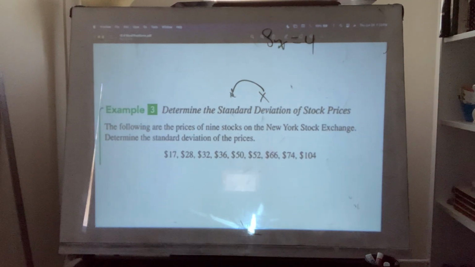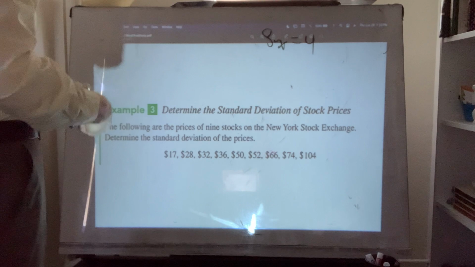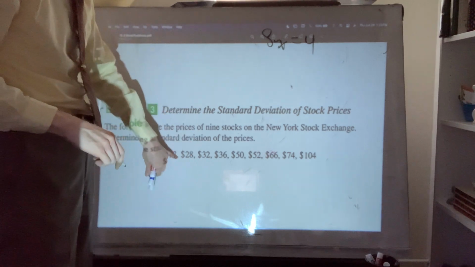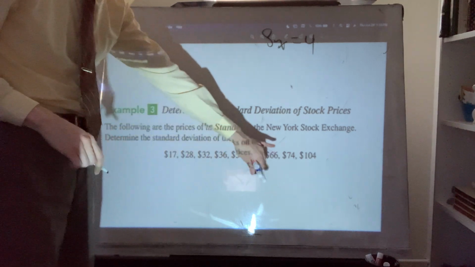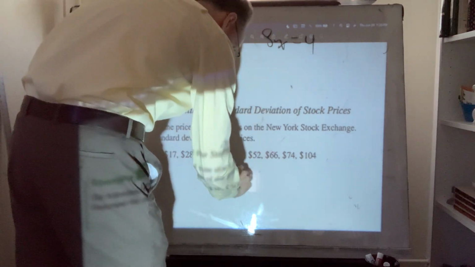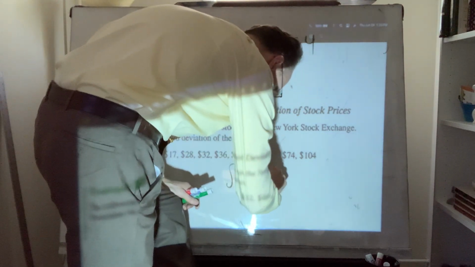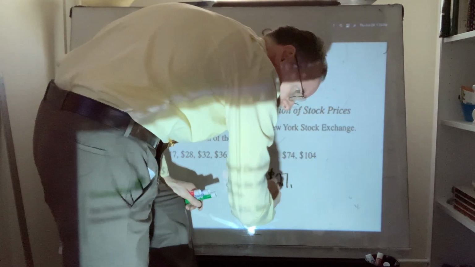And this is essentially the same thing here. You're just using a different set of data. What you should get doing these, which are already in numerical order, which is cool, your standard deviation in this case should be $27.01.